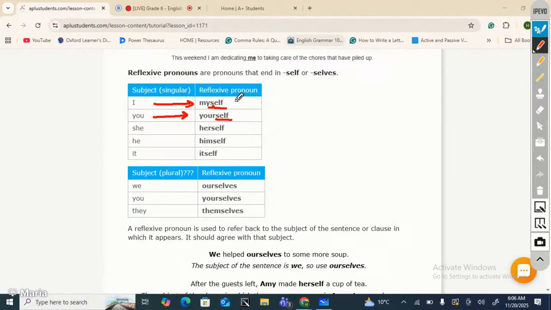All the singular reflexive pronouns end in self. If the subject pronoun is she, it's a singular subject, use the reflexive pronoun herself. If the subject pronoun is he, which is a singular subject pronoun, use himself. And if it is it, use itself.